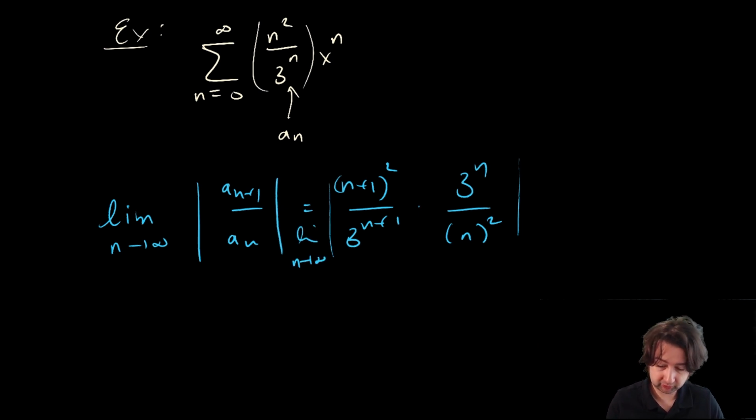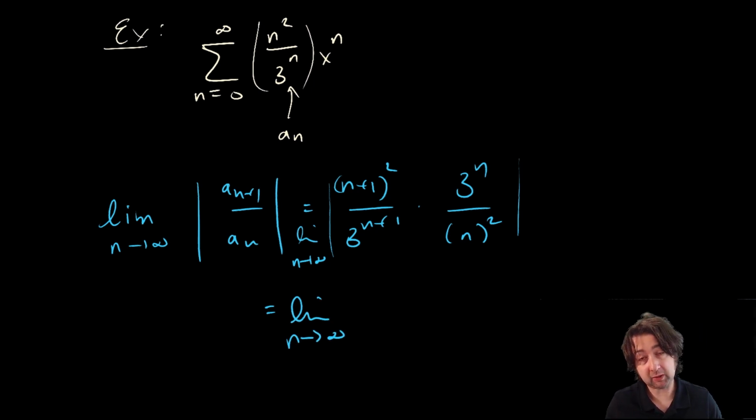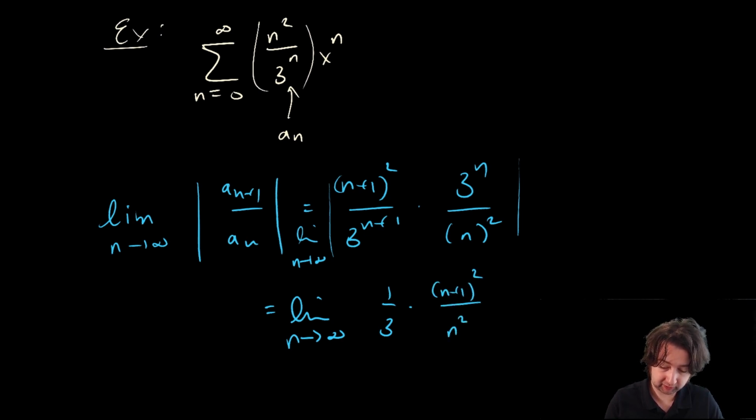Computing the algebra on that gets you the limit as n goes to infinity. I'm going to drop the absolute values because everything inside is positive. The 3 to the n on the top and the 3 to the n+1 on the bottom cancel, and we end up with 1/3 times (n+1) squared over n squared.